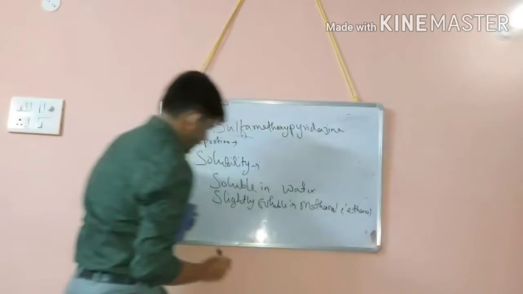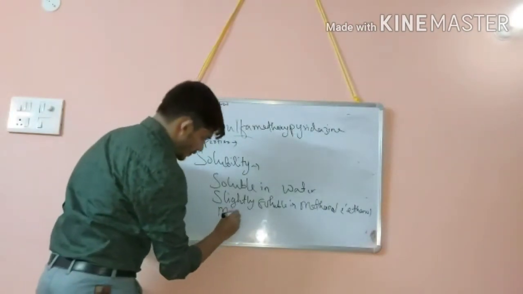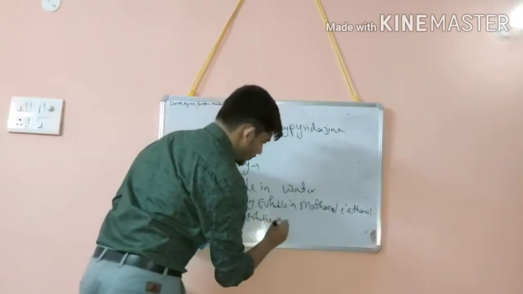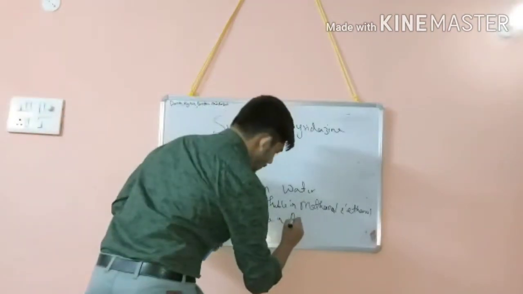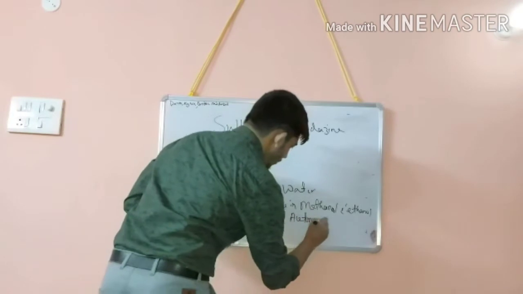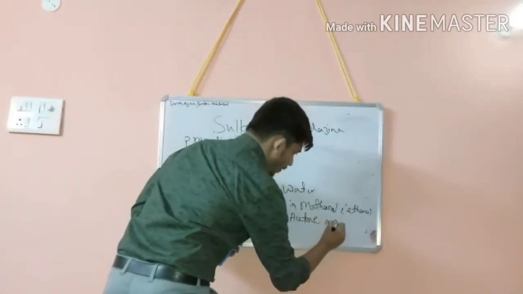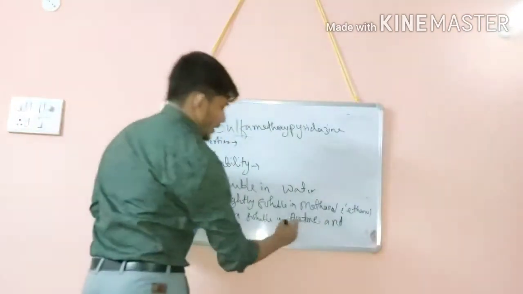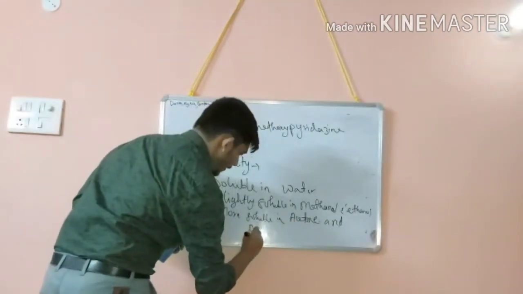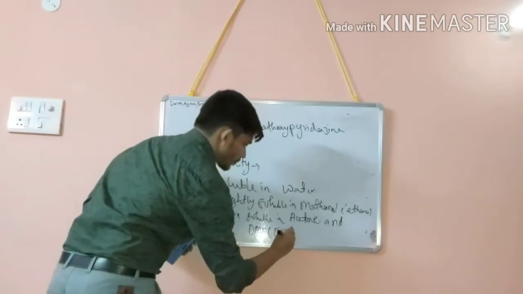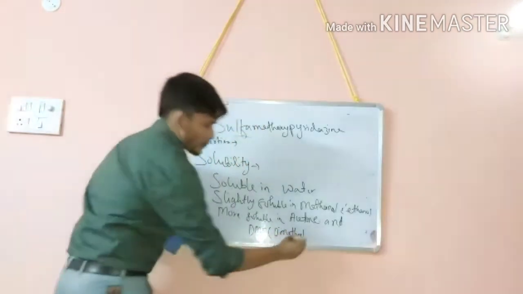Then it is more soluble in acetone. So these are the solvents: acetone and DMF, that is, dimethylformamide.